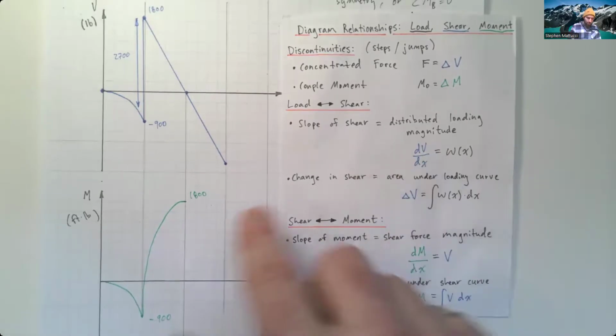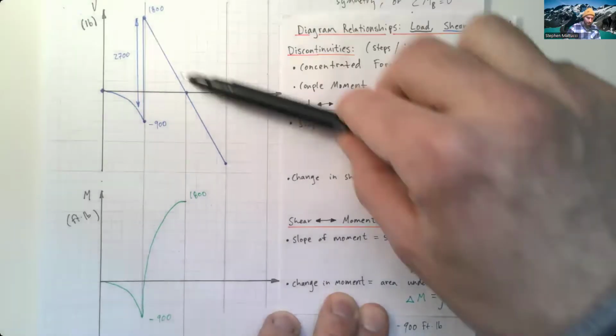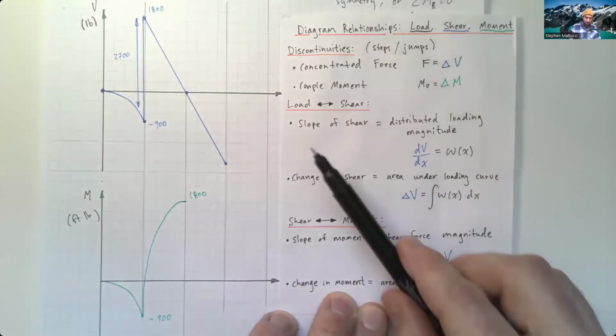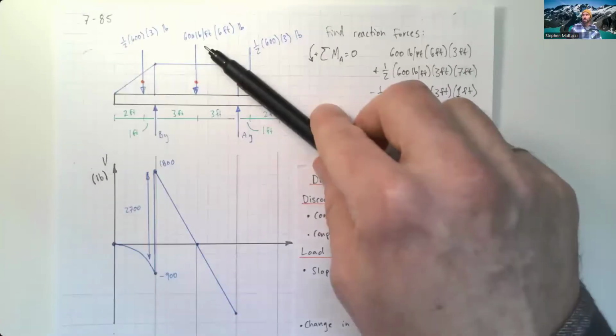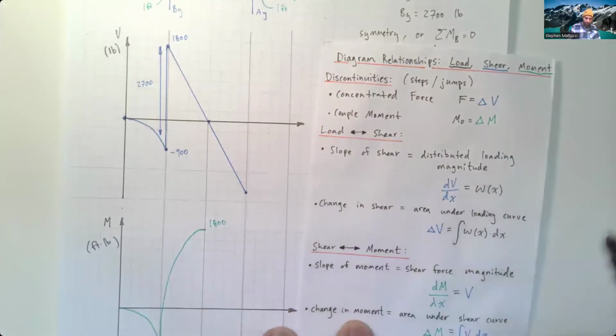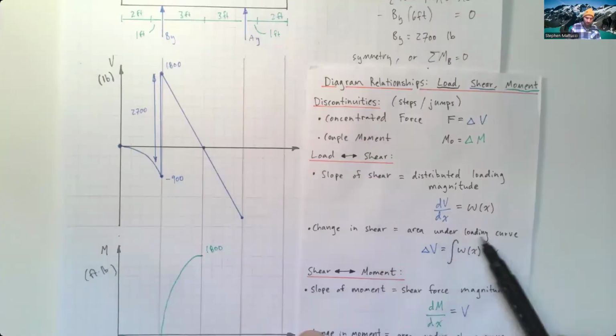for my shear and bending moment diagrams. I was saying this before, the slope of the shear at any given point is going to be the magnitude of our distributed loading. So we knew that. This is minus 600. Therefore, this slope is minus 600. The change in the shear here is going to be the area under the loading curve.